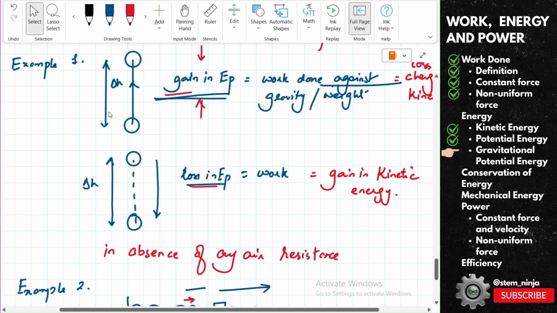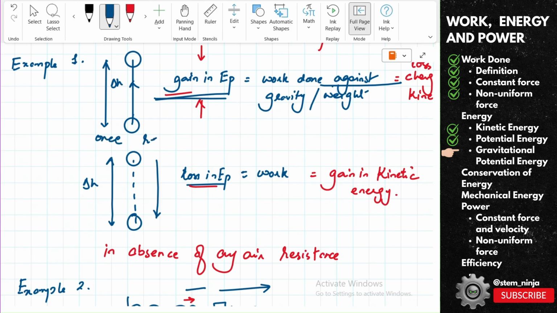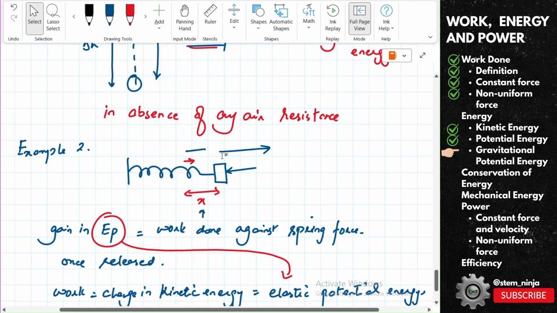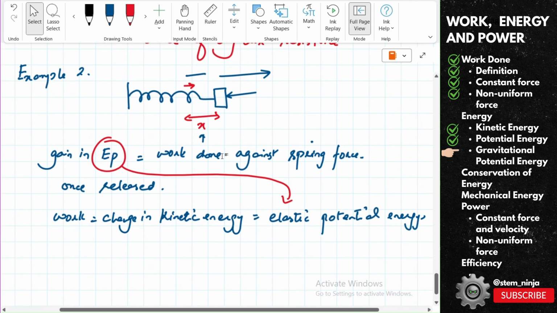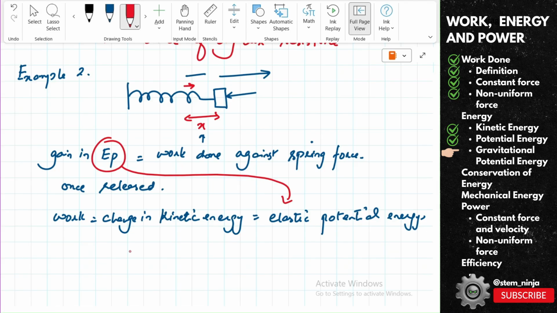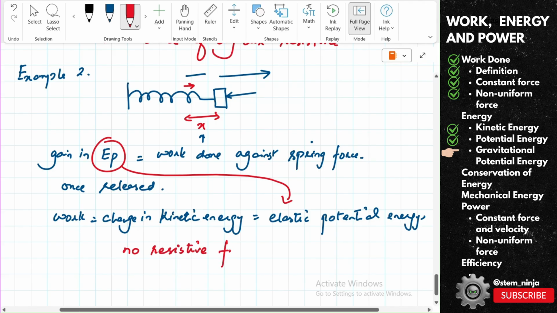So this exchange of energy is very important. And once again, we are assuming that there are no resistive forces.